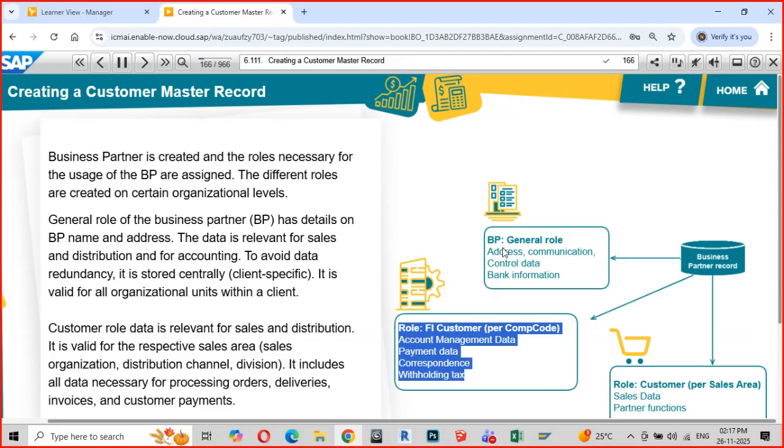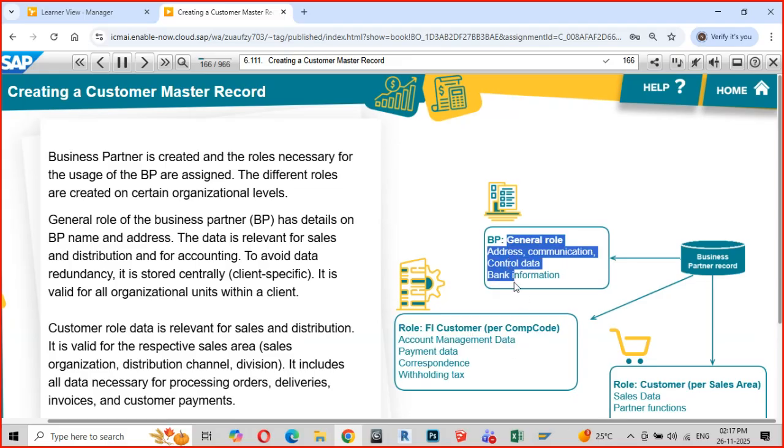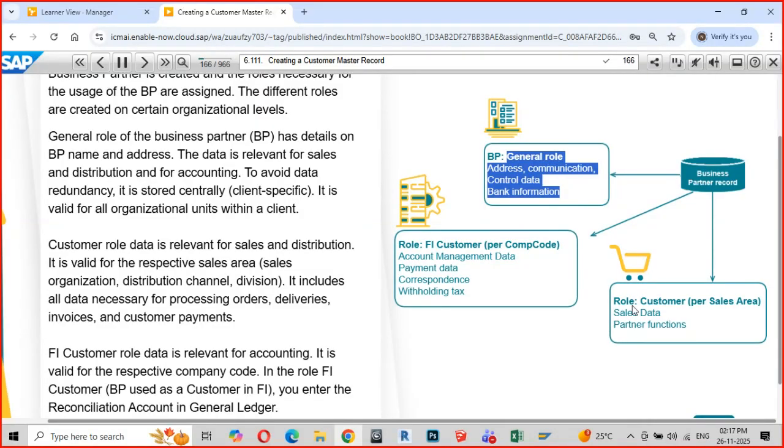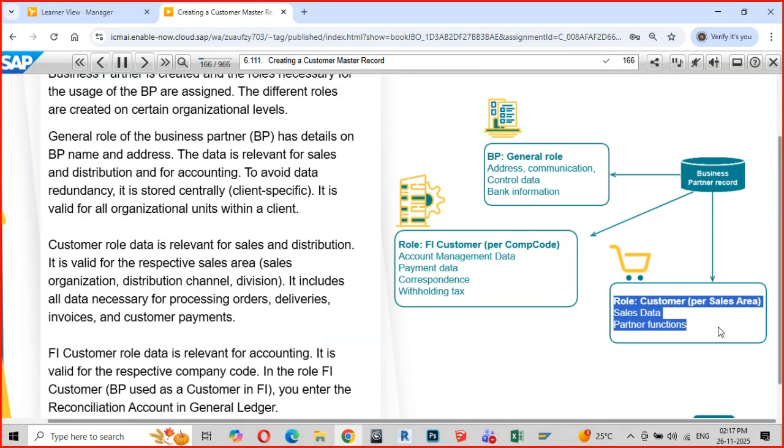Now this is your generic information. These are the two levels of information which we saw. Now, the third dimension of a customer is your customer sales distribution, where from the sales organization perspective you are going to add data from the sales side.